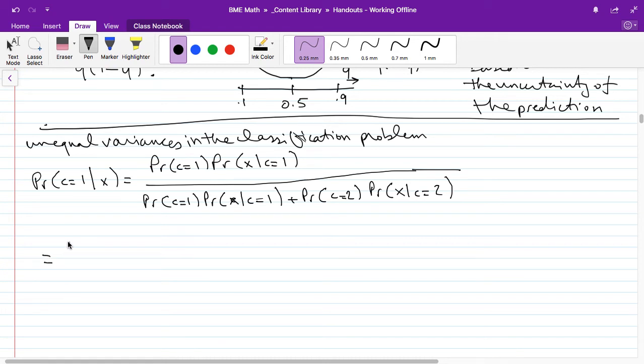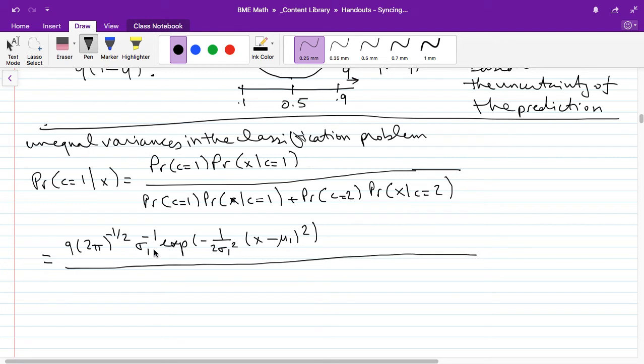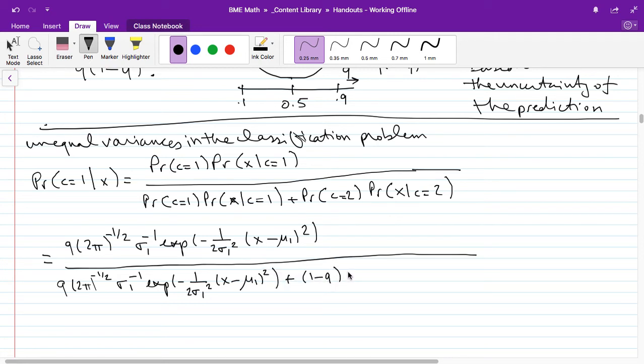So this is equal to... All right, so this is our posterior.